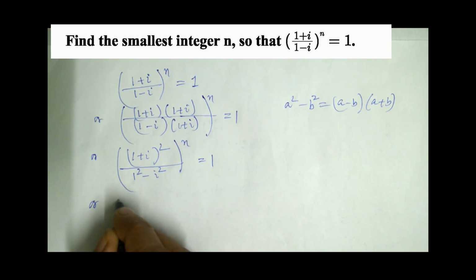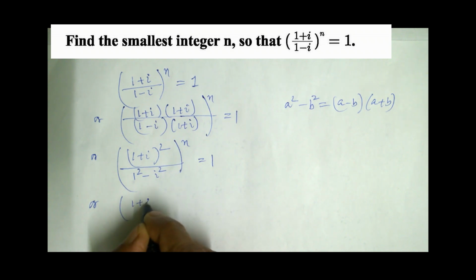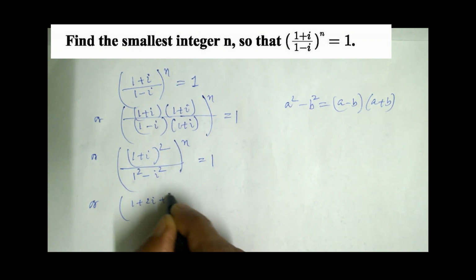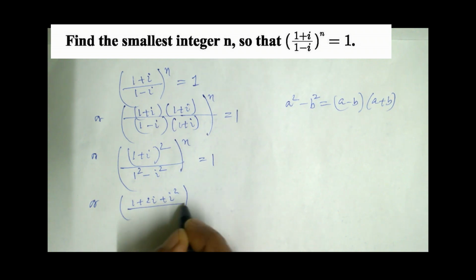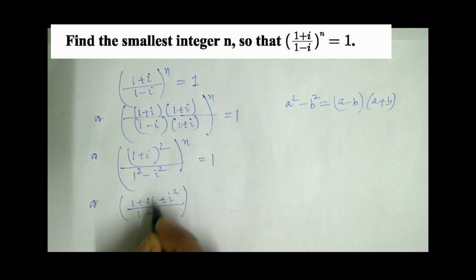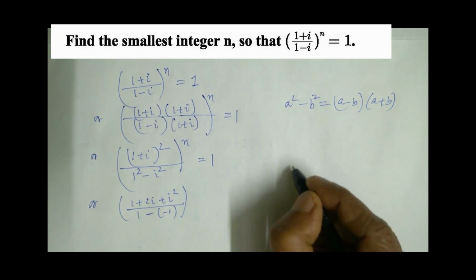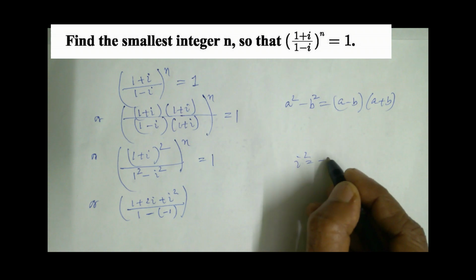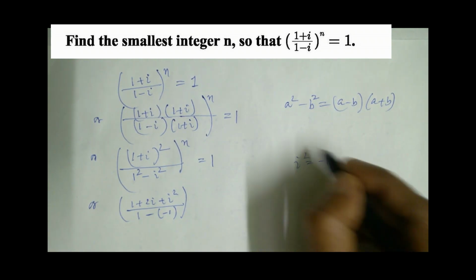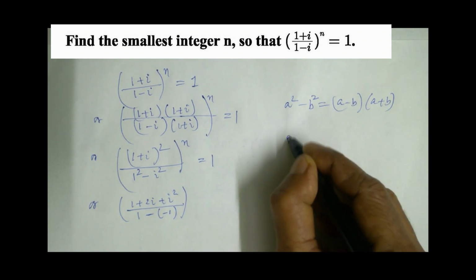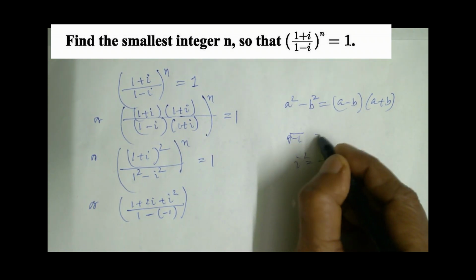Now reduce this again. (1 + i) whole square means 1 plus 2i plus i square, as per the formula of (a + b) whole square. In the denominator, 1 square minus i square. As known, i square is equal to minus 1, or the root of minus 1 is equal to i.